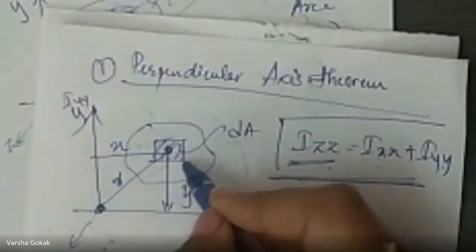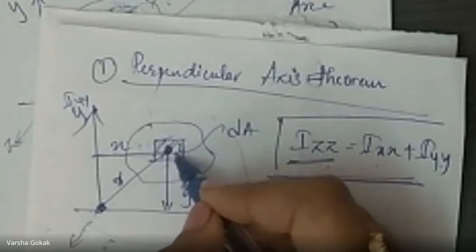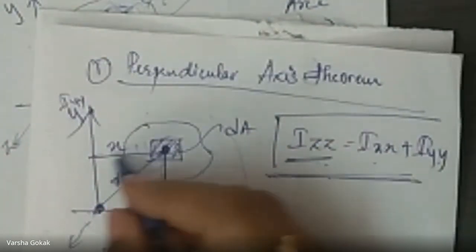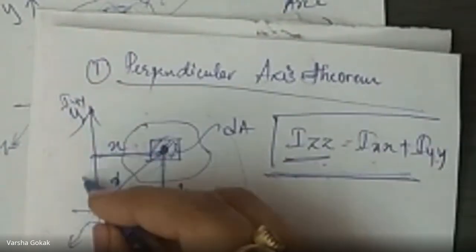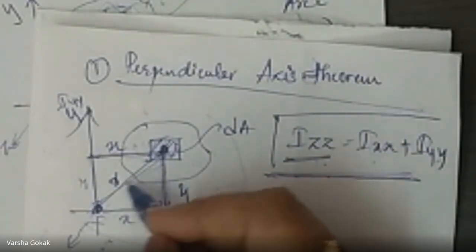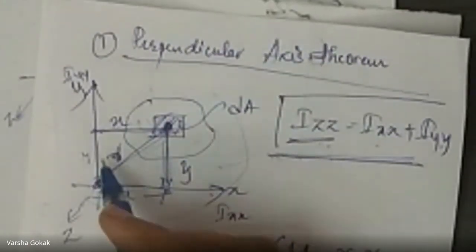Now what do we do? Look into this figure. This is the same CG. This is x, this is y, this is r. Now look at this figure. If this is x, this also is going to be x. If this is y, this also is going to be y. So look at this right angle triangle. From the right angle triangle, what is r square going to be equal to? Can I write an equation for r square?